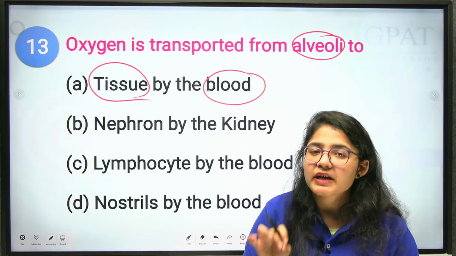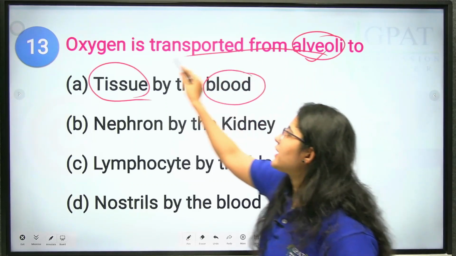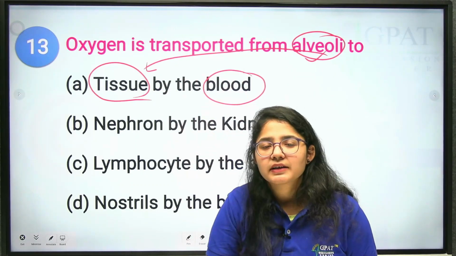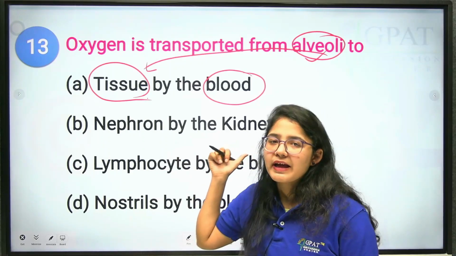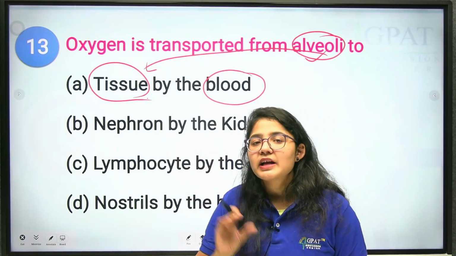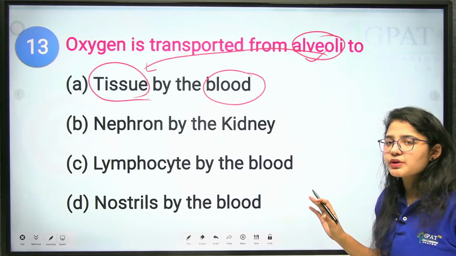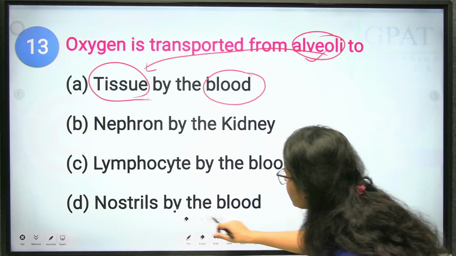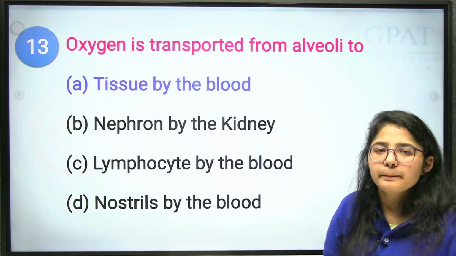The blood transports your oxygen from your alveoli to your tissues and carries back the carbon dioxide from the tissues to your alveoli, and the alveoli will expel out the carbon dioxide. Clear? Understood? So the correct answer is your tissues by the blood.